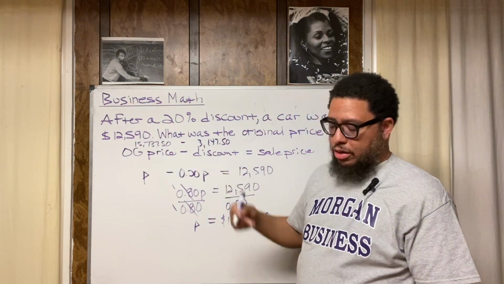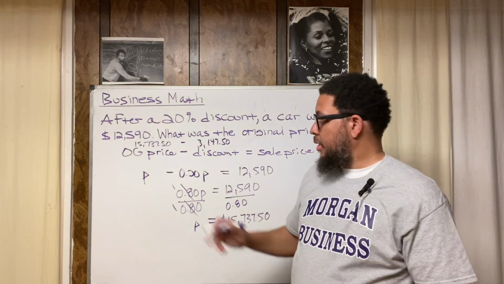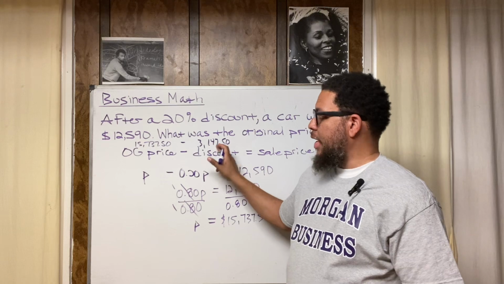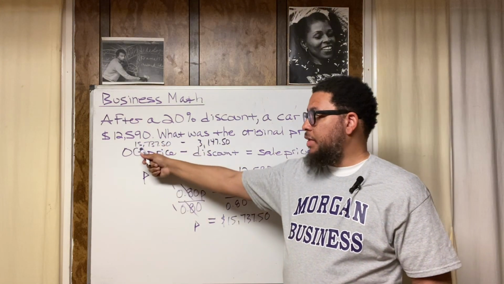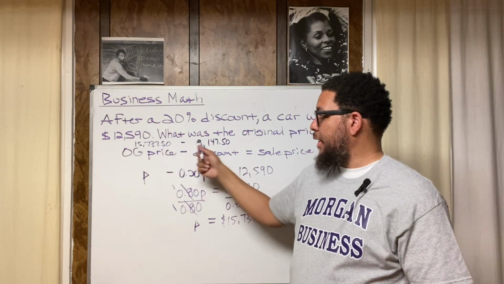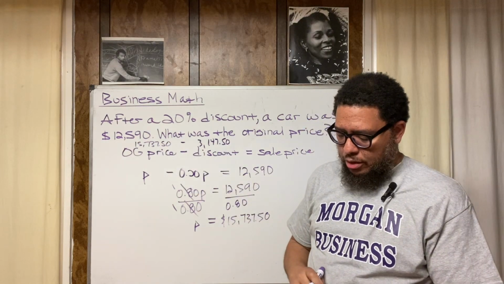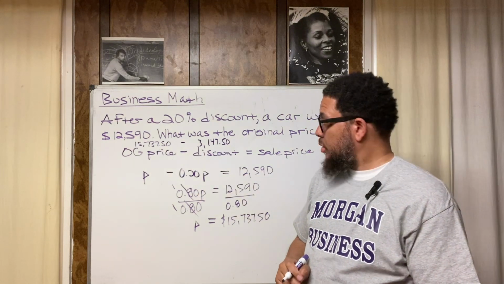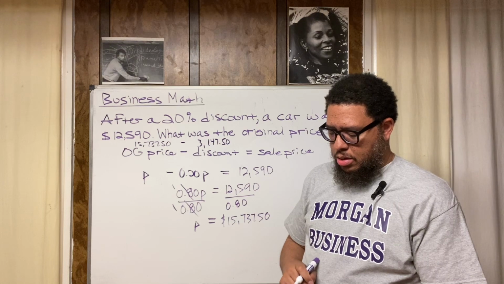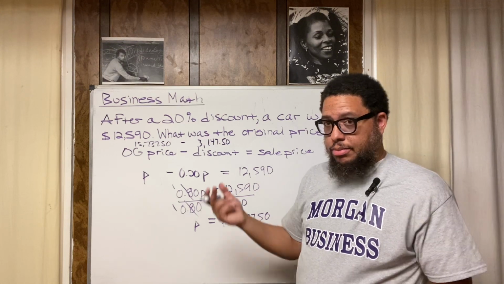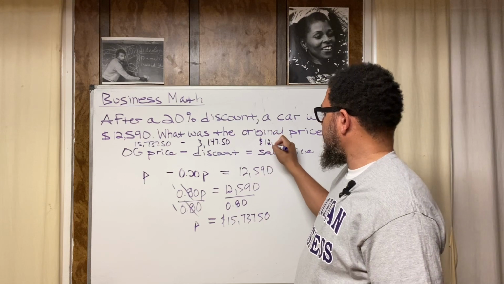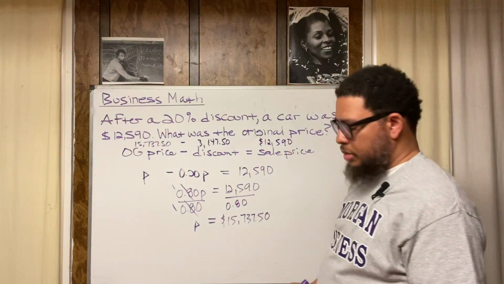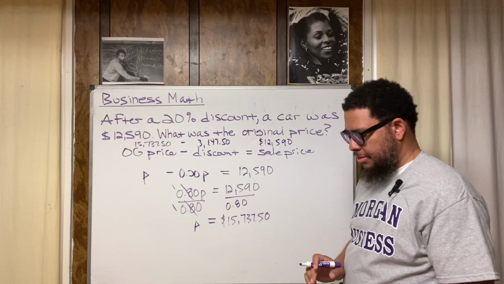I can just make this negative and then hit the plus sign, because if this is negative, adding that to 15,737.5 is the same thing as doing 15,737.5 minus this. Little tricks of the trade. There you go. 12,590.